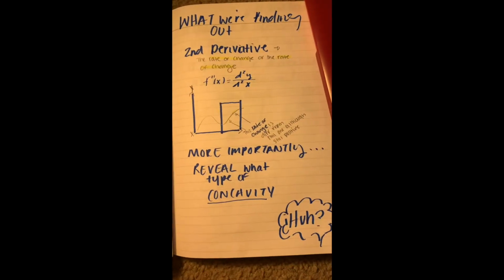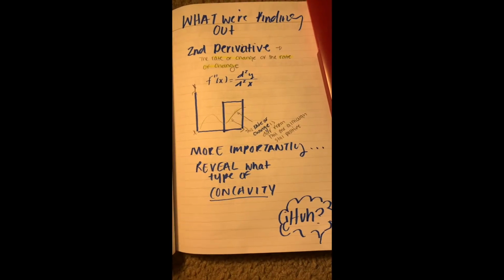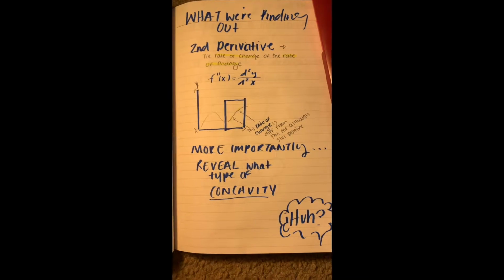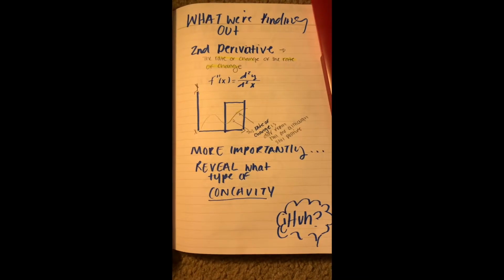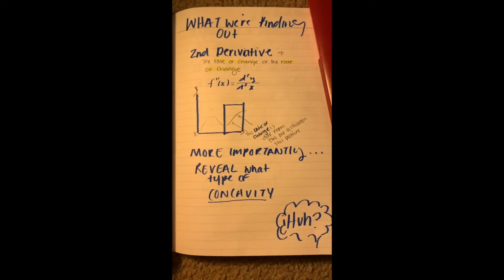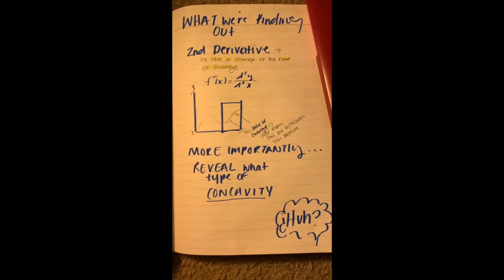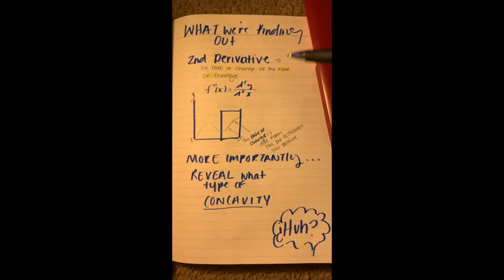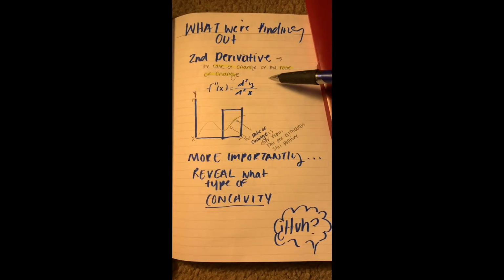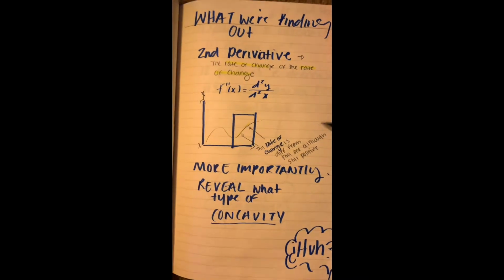What we're finding out today is about the second derivative, which is the main emphasis of 6.3, and what it can help us find out about graphical behavior. The second derivative refers to the rate of change of the rate of change.